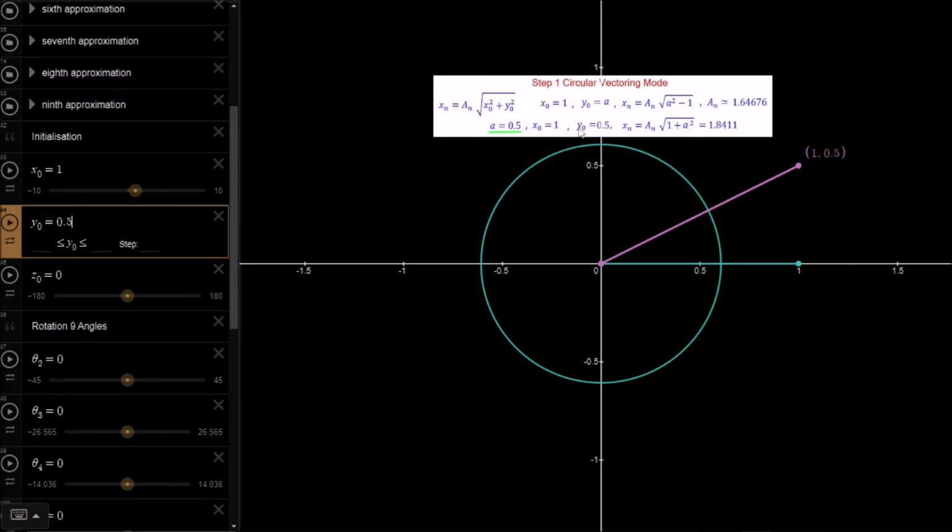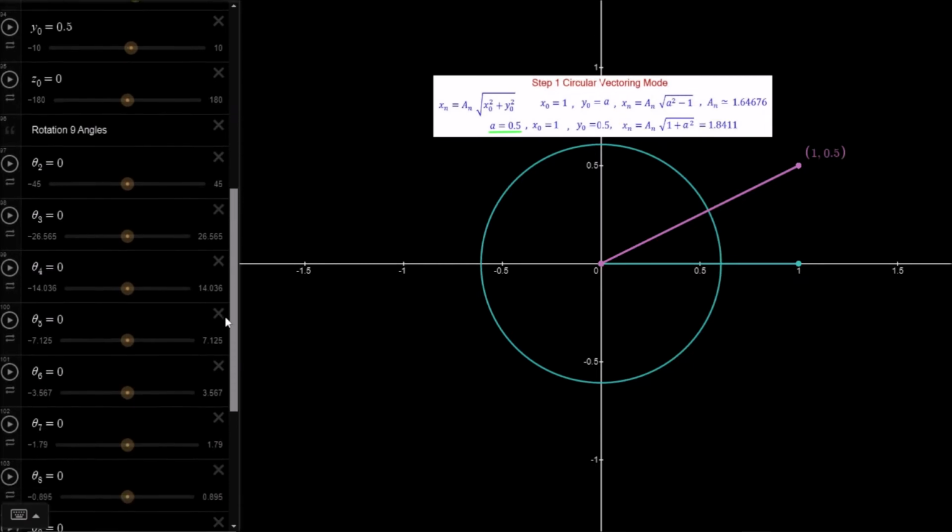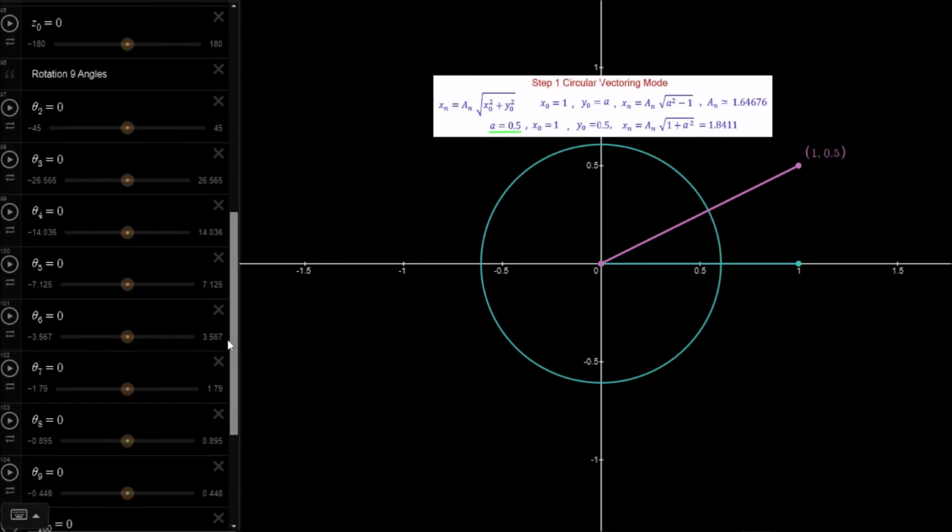Now the value here in this instance for z0 is going to be 0, so we can just leave that the way it is. Now we're going to be using vectoring mode. What the vectoring mode tells us is that we're going to subtract off certain angles in order to ensure that the height of this vector tends towards 0.